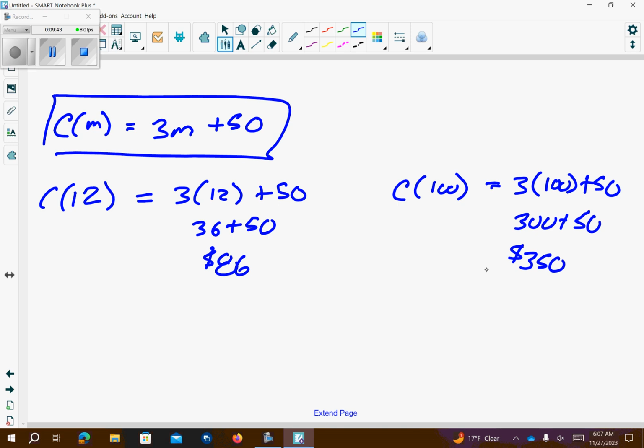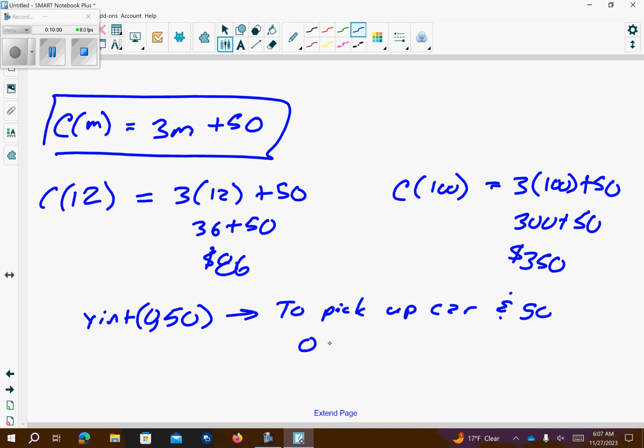Letter D, what is the y-intercept? The y-intercept of our function is 50, or (0, 50). So this means to pick up the car and go 0 miles costs $50. So just to call the tow company to come get your car.